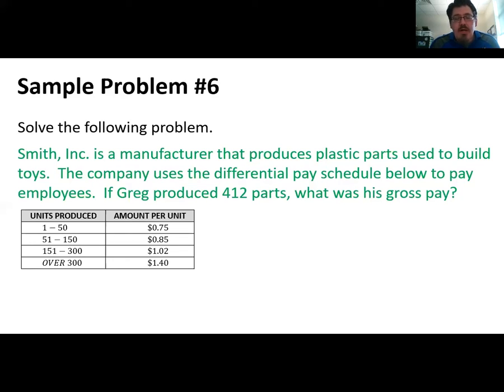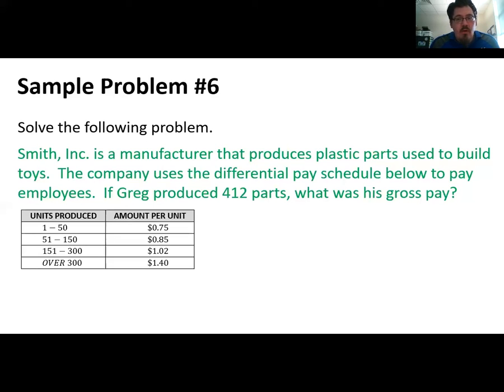So in the table here, what we've got is a situation where if the employee makes anywhere between 1 and 50 parts, they get 75 cents per part. When they get into the range of 51 to 150, then they get paid 85 cents per part. When they get to 151 to 300, it's $1.02 per part.